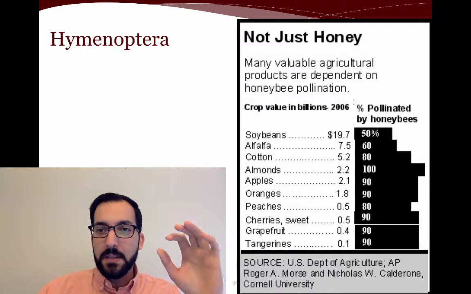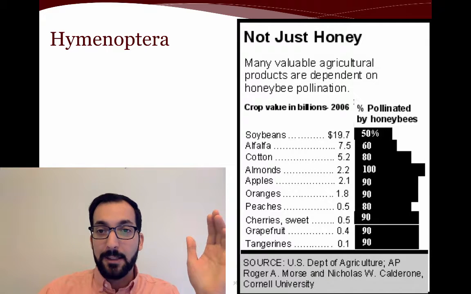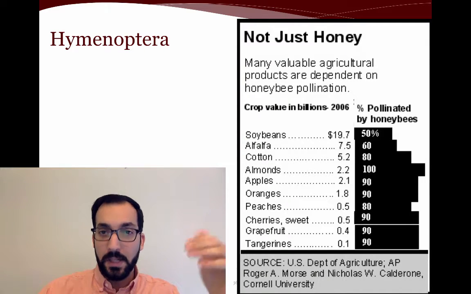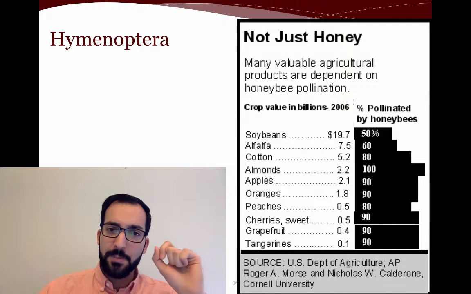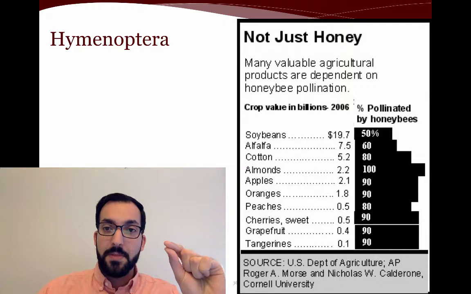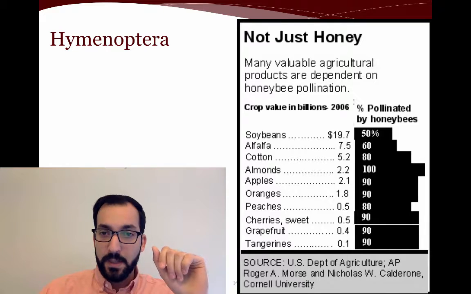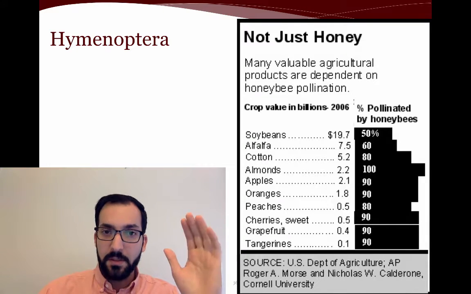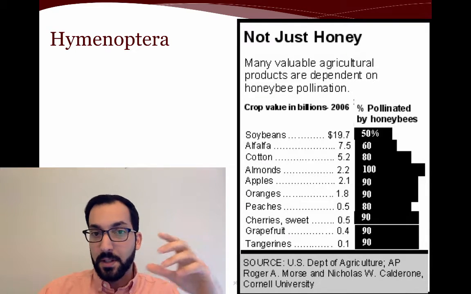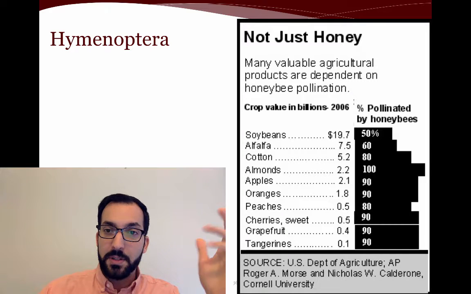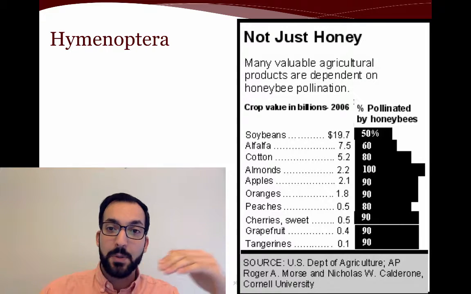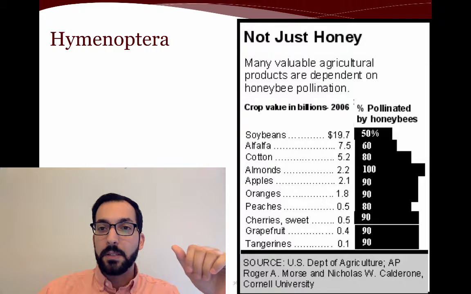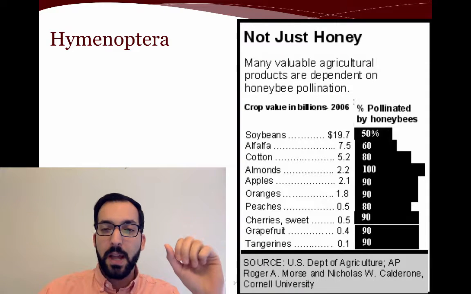So without honeybees, it's not to say that we would completely lose all of our yields or completely lose all of our crops. There are certain crops, such as almonds, that rely specifically on honeybees that would lose all the yields. There are other commodities such as apples or oranges that without honeybees would drastically reduce the yield that we'd be getting off of those plants.